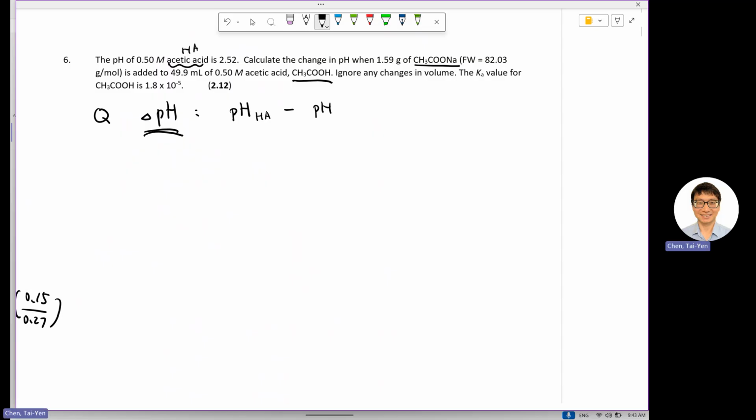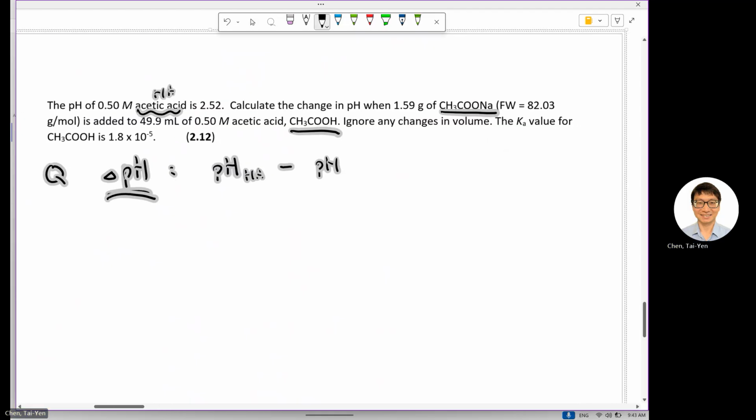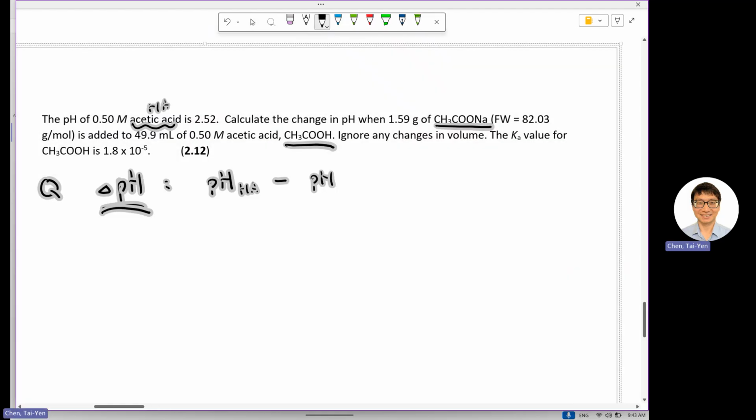How about the second one? What do you have? Read this carefully, because these are the things that let you recognize what kind of solution you have. Once you know that, then it's done. You add in, what's this?